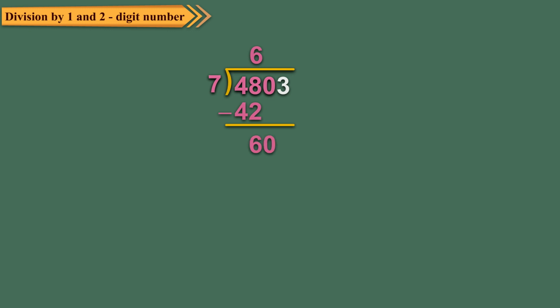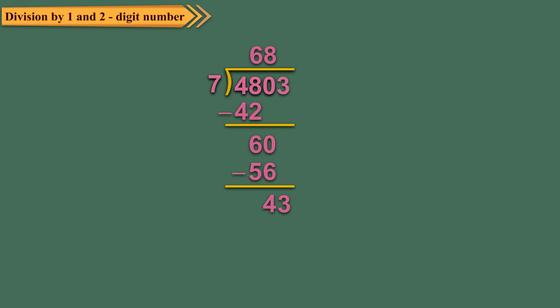Bring down the 0 and divide 60 by 7. Also, 7 multiplied by 8 is equal to 56. So write 8 in the tens place of the quotient and 56 below 60. Subtract 56 from 60 to get 4. Bring down 3 and divide 43 by 7.